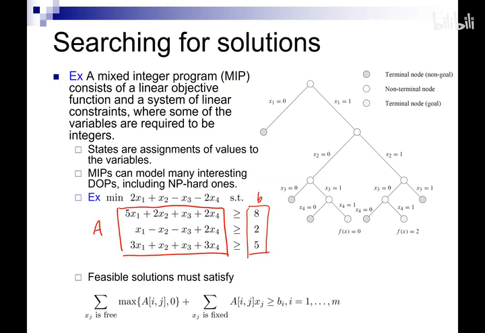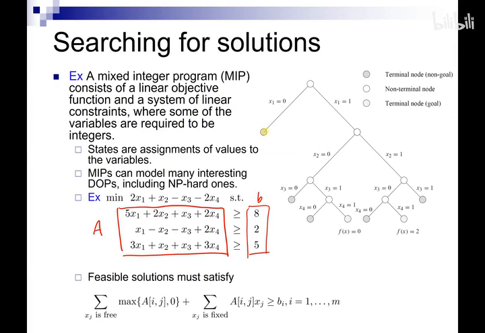So when you take all of the free variables, you can set them to either aij if it's a positive value, or 0 if it's a negative value. And then you add that to all of the variables which are fixed. Then you have to make sure that you can satisfy all these constraints. And if you cannot satisfy the constraints when you do this, then you're at a node which cannot lead to any feasible solutions.